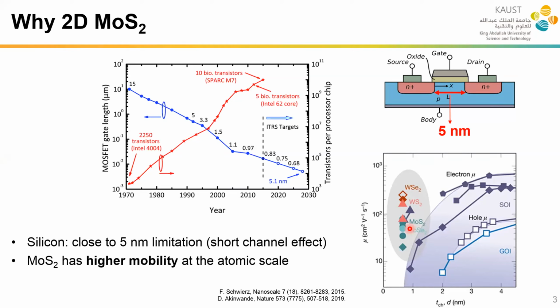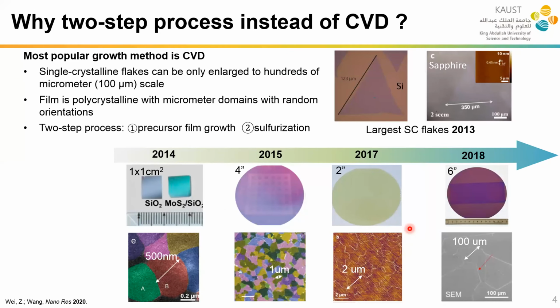So that's why it's getting great interest in the relevant research community. But currently most 2D materials are born with a very small flake size, either by mechanical exfoliation or by CVD growth.